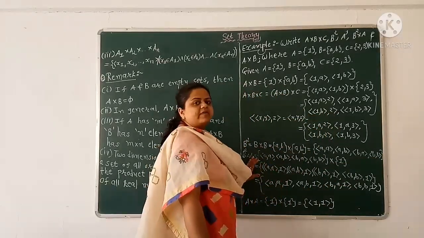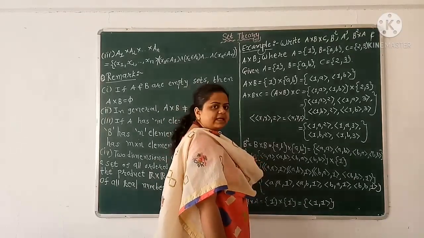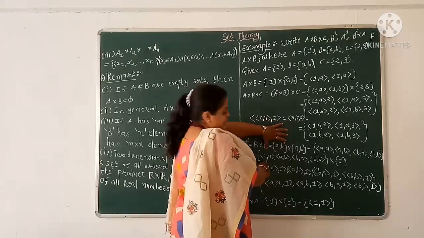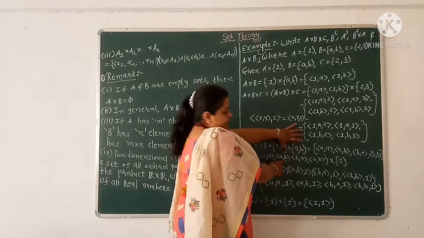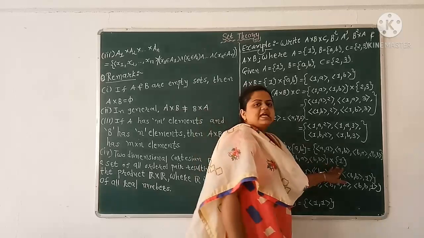Now B square cross A is equal to the set B square, that is the set of ordered pairs (a, a), (a, b), (b, a) and (b, b), cross A, and A is equal to the set {1}.